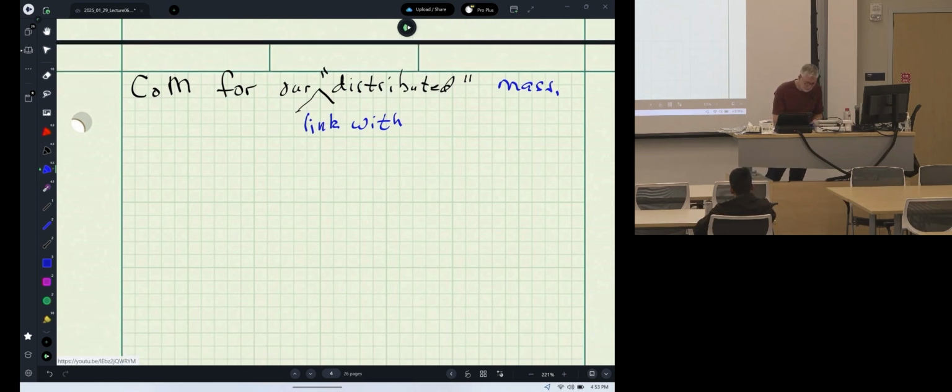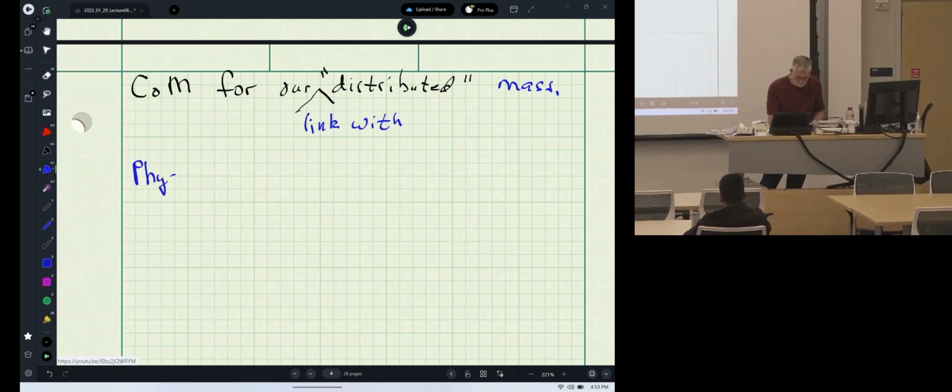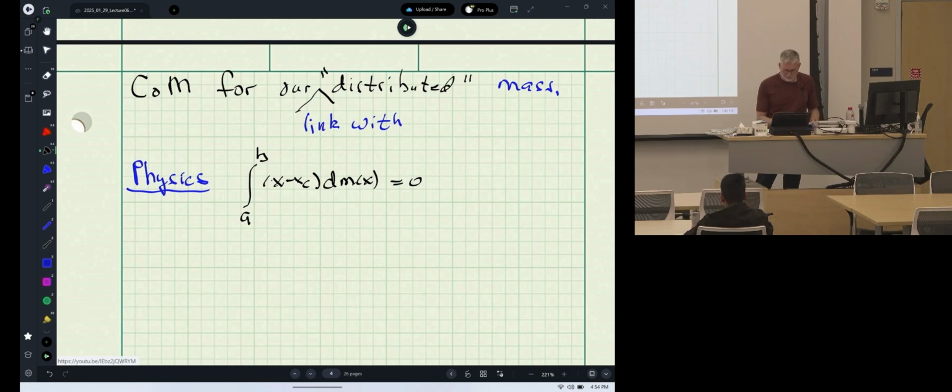So physics, just like for the point mass, is going to say that the integral from a to b of x minus xc times dm of x equals 0. xc equals the center of mass in the x direction.